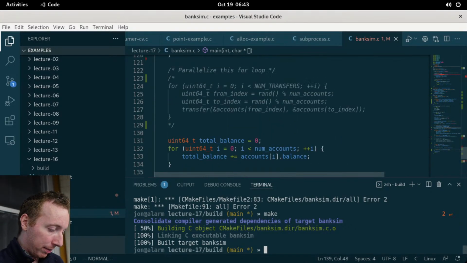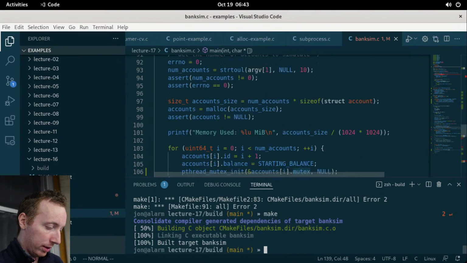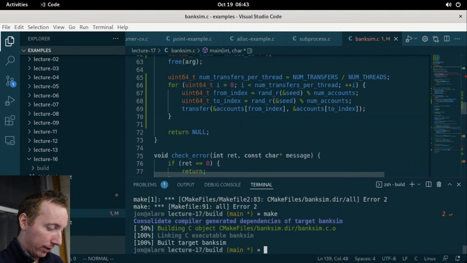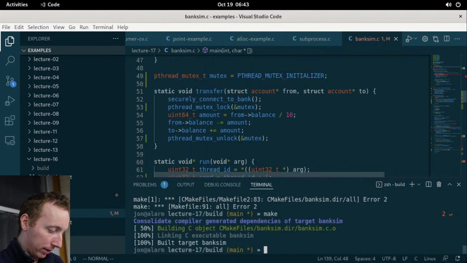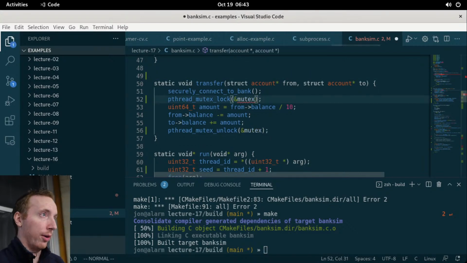So now we have a mutex per account, and we initialize them. So in our code, I now have a mutex per account, so I can get rid of this mutex. So what should I be locking? Yeah.